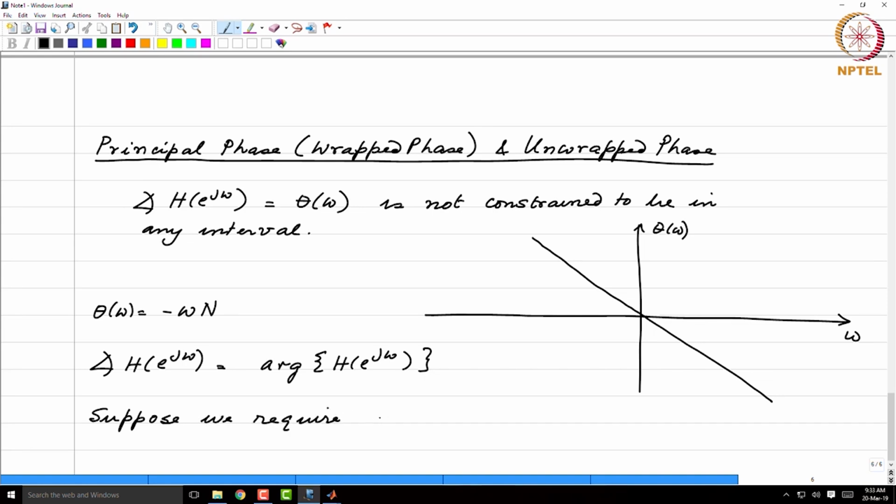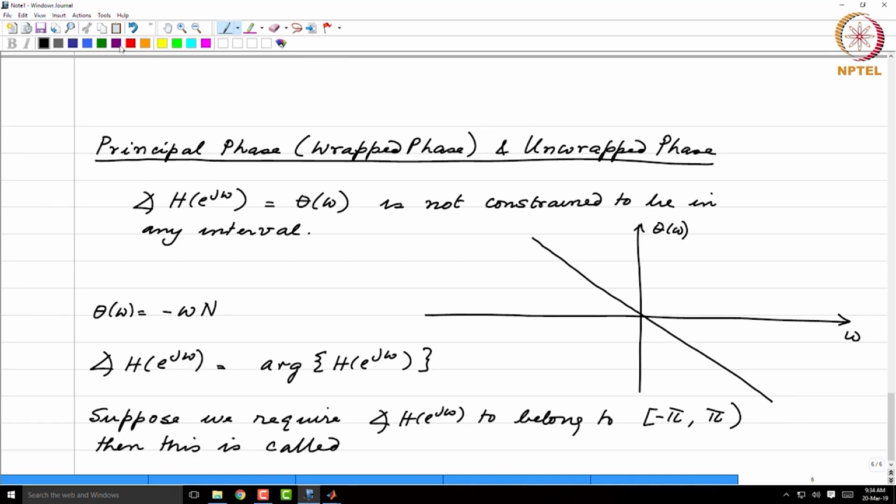Suppose we require the phase angle to belong to this interval minus pi to pi, then this is called the principal phase, or another common term is wrapped phase.